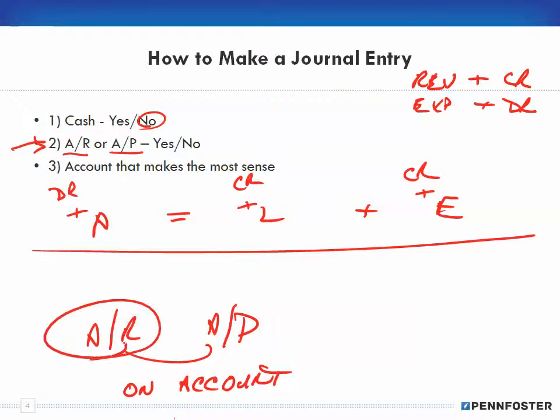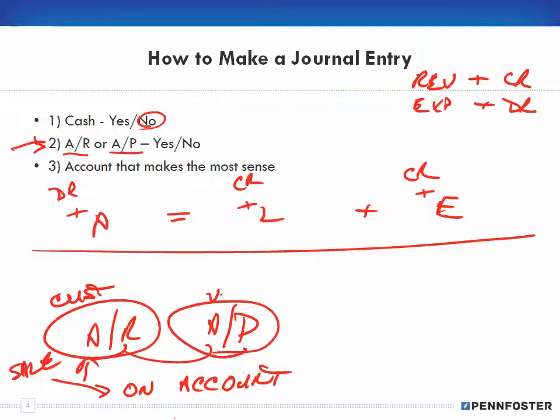Accounts receivable is what you use for your customer: when they're buying something from you, you're making a sale and extending them credit on account. But accounts payable is for a vendor you're purchasing from; they're extending you credit on account. So if you're buying from somebody else, you use accounts payable. If somebody's buying from you, you use accounts receivable.